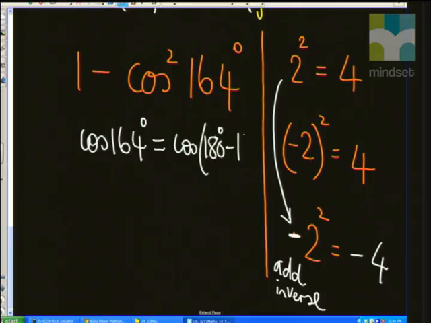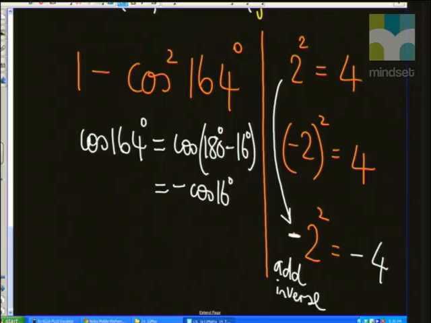Don't have a problem. 180 minus 16 gives me 164. Now, if I reduce this, at this stage cos 164 is negative, but the moment I make it cos 16, remember cos 16 is now positive because it's an acute angle. So second quadrant angle comes down as being a negative ratio. So that's negative cos 16.